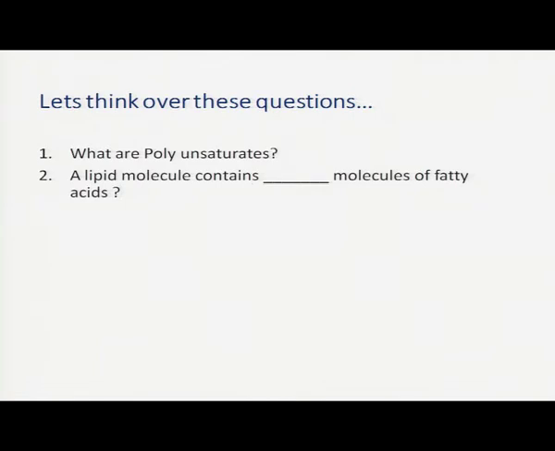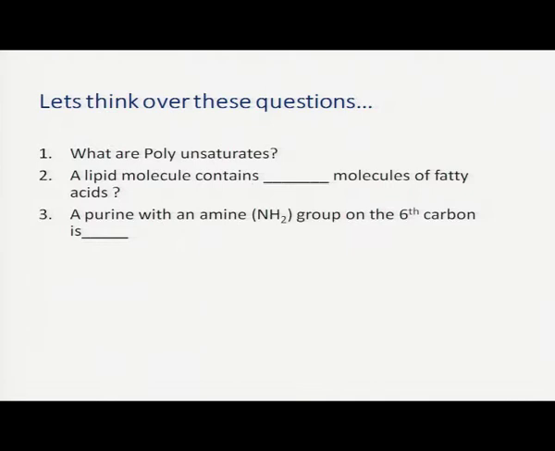The second question, a lipid molecule contains dash molecules of fatty acids. My third question was, a purine with an amine group, that is NH2 group, on the 6th position of carbon is called.